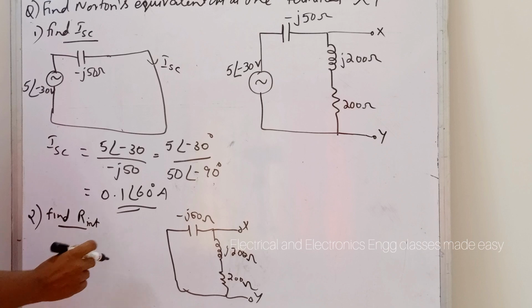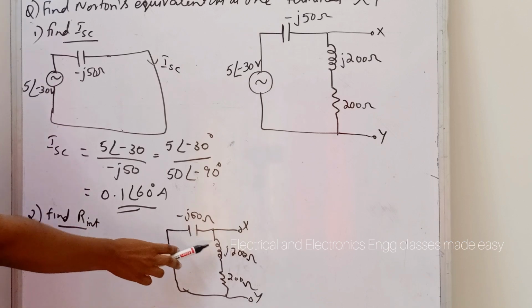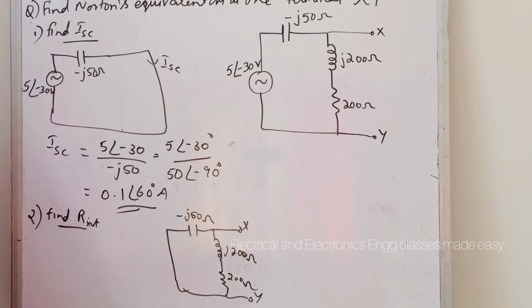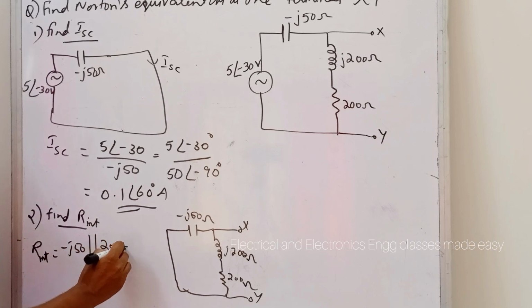So what is R internal? Here these two are in parallel. So we can write R internal is equal to minus J50 in parallel with 200 plus J200.